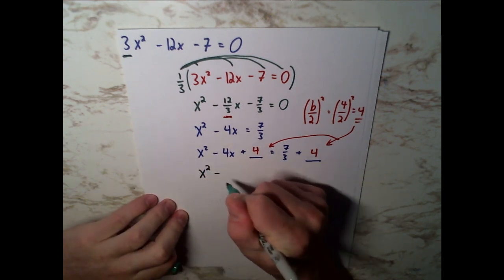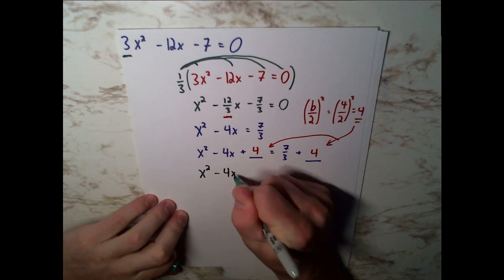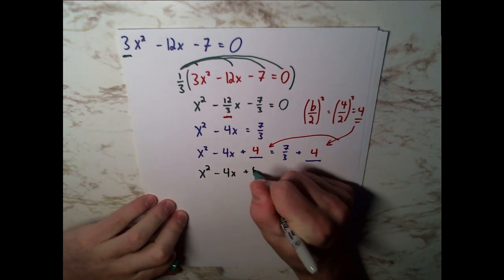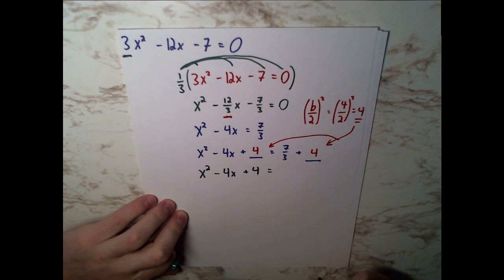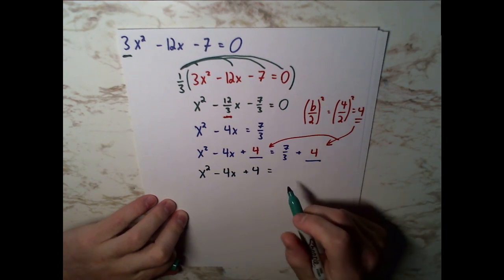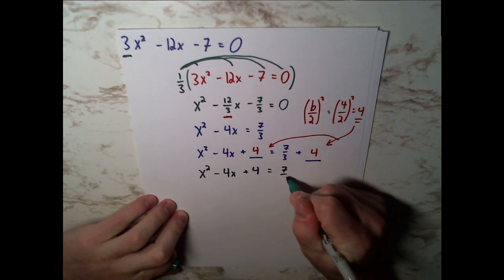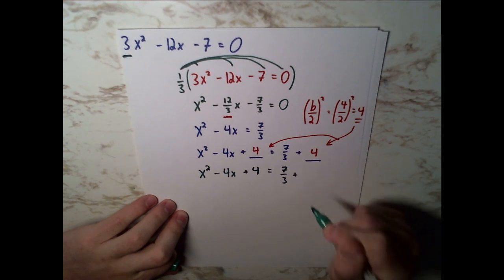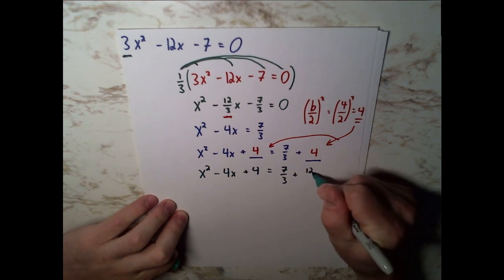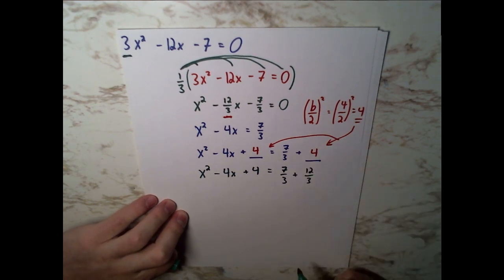So x squared minus 4x plus 4 equals, so I'm just going to say that this is 7 over 3 plus 12 over 3.